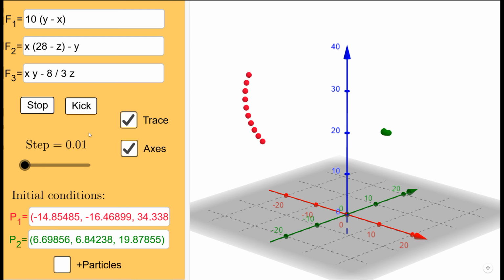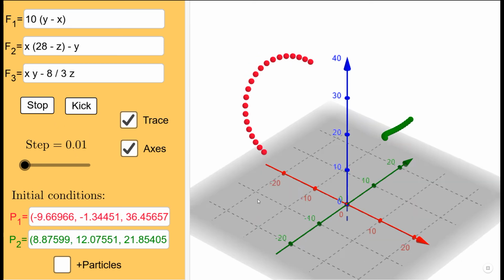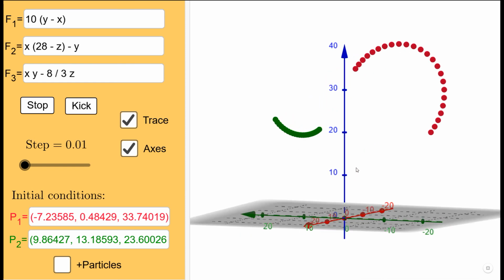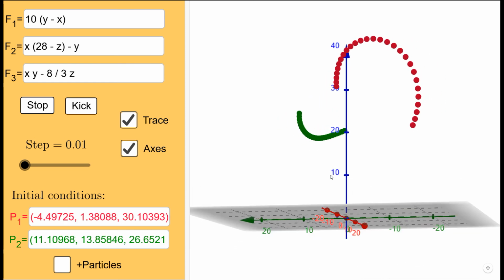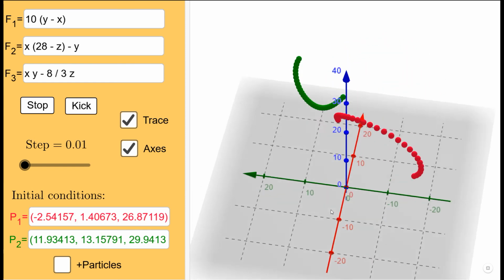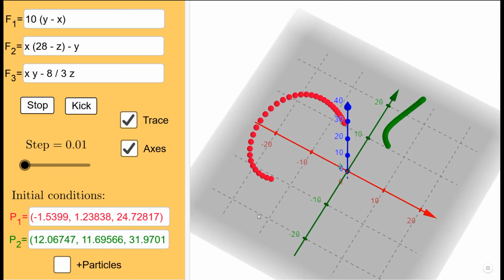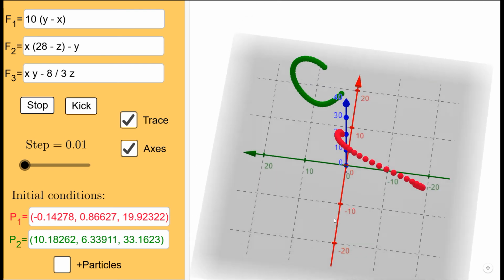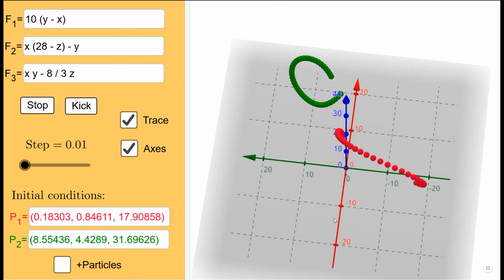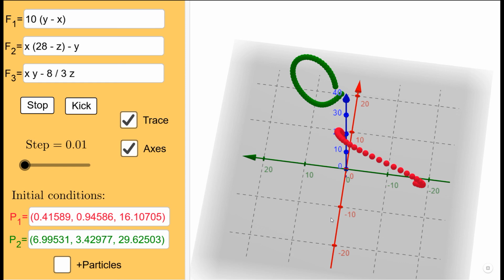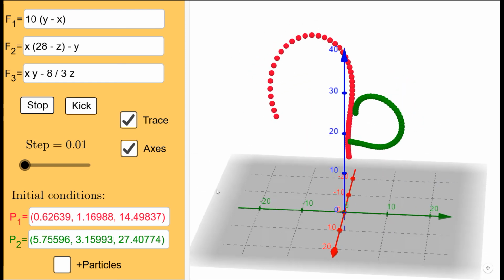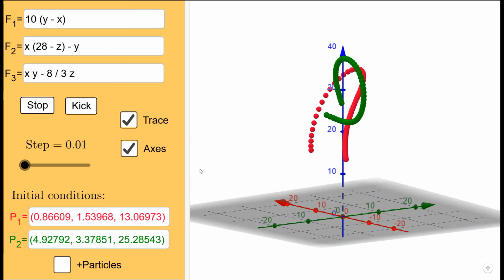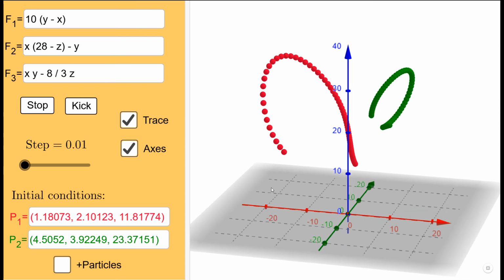So we can see what kind of motion is happening here. Okay, and we can see those curves. It's not quite a motion in a plane there, you can tell. So all those points are going around there.